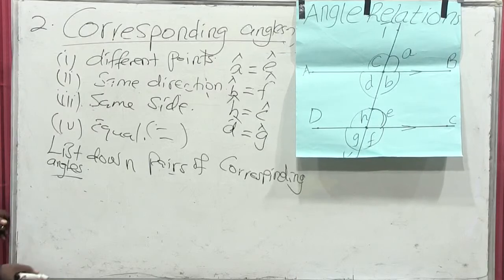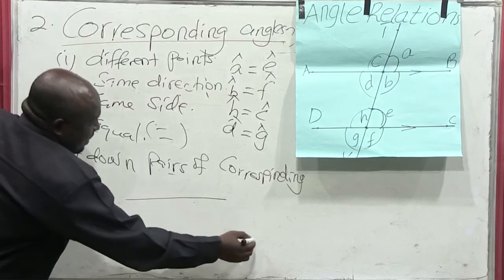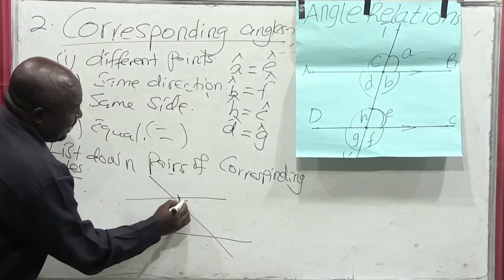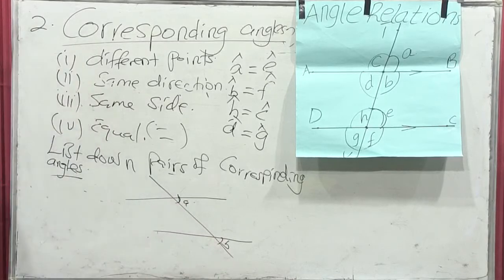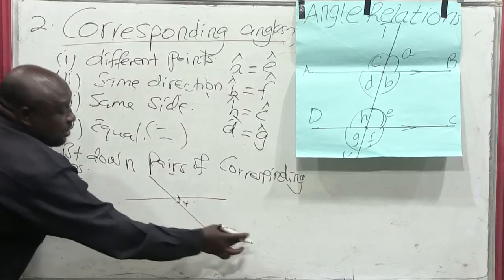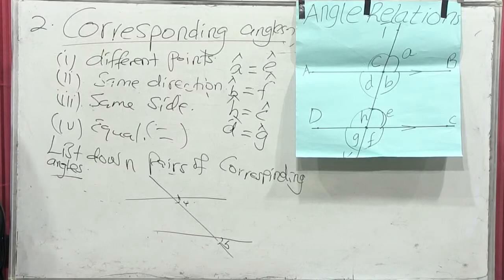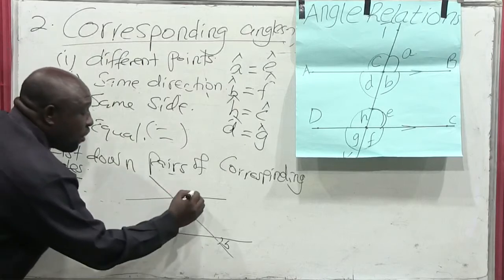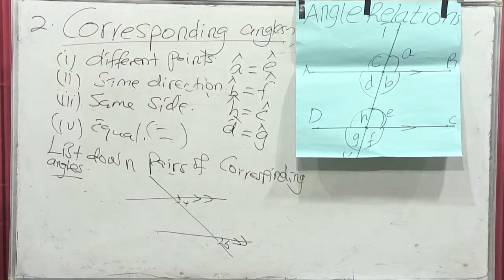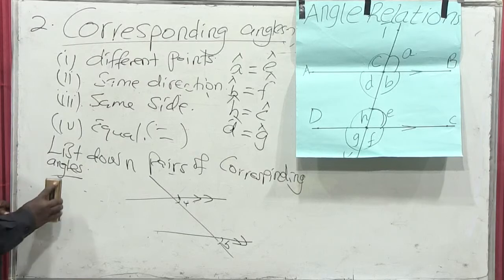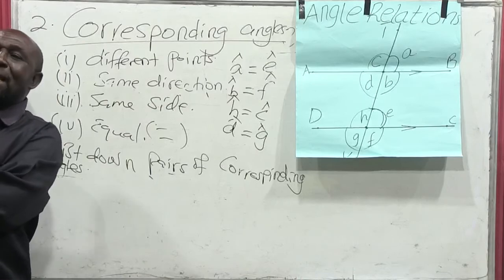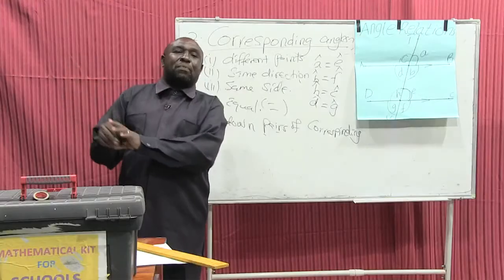So don't say, find lines like this, and they tell me this angle A and angle B are corresponding. No, because no one told that this line and that one are parallel. Unless otherwise it is written, or the parallel mark is located there.